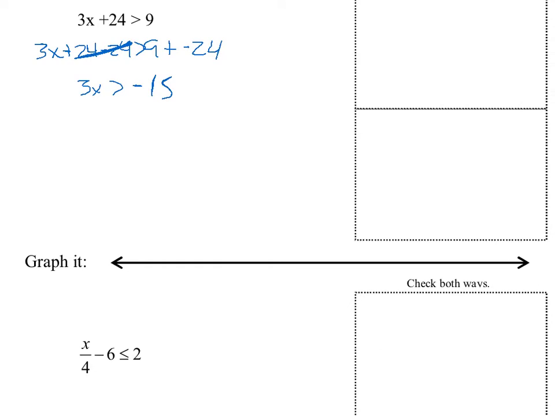Raven, what do we do next? Sunny, what do we do next?